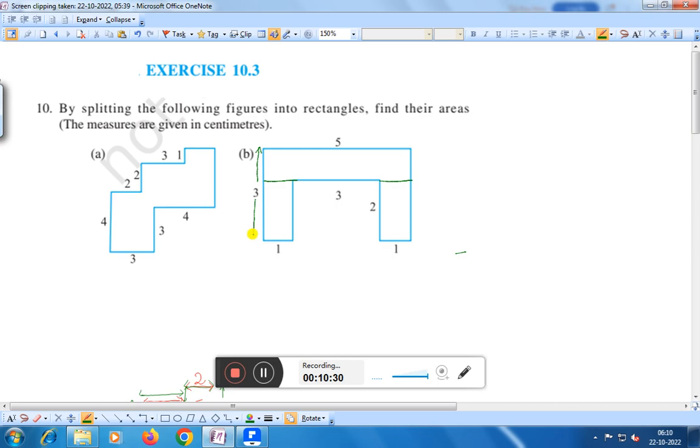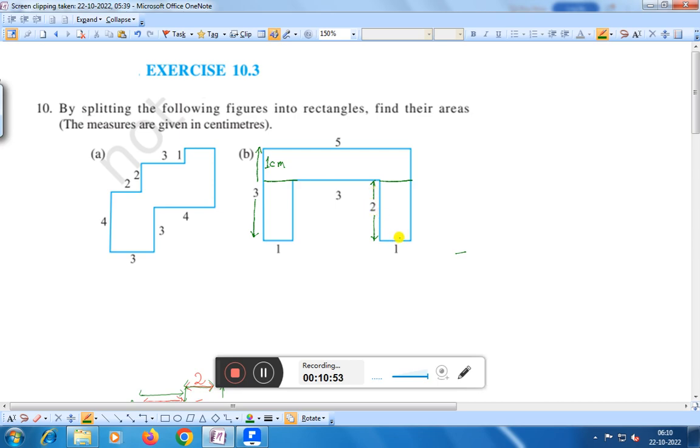From here to here is 3 centimeter, and this one is 2 centimeter. From here to here is 2 centimeter. That means this length will be 3 minus 2, that is, it is 1 centimeter. 1 centimeter, right?